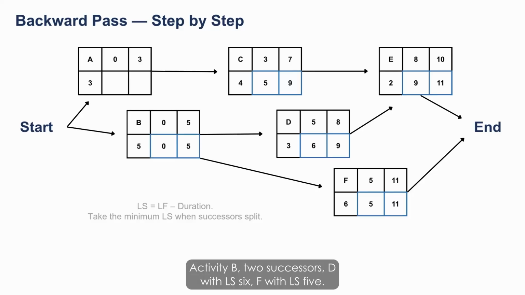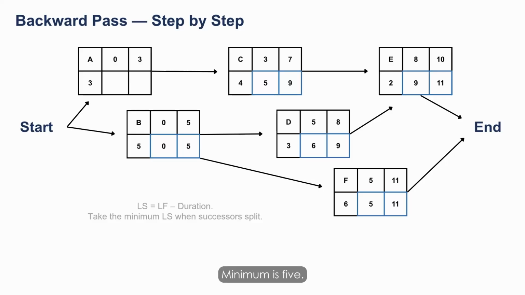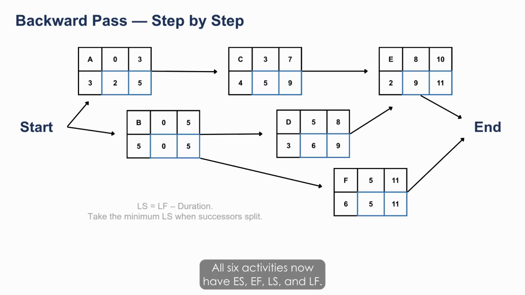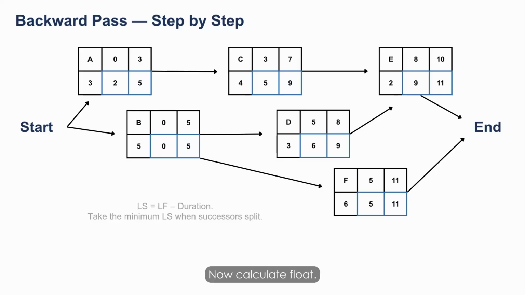Activity B, two successors, D with LS 6, F with LS 5, minimum is 5, LF 5, duration 5, LS 0. Activity A, successor C with LS 5, LF 5, duration 3, LS 2. All six activities now have ES, EF, LS, and LF. Now calculate float.